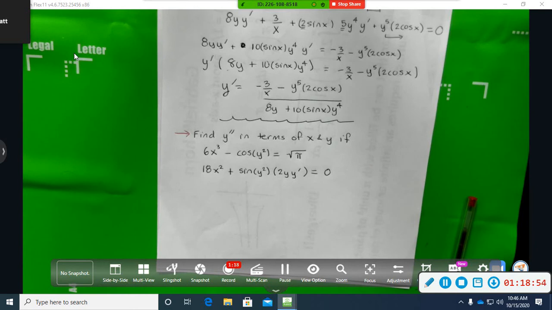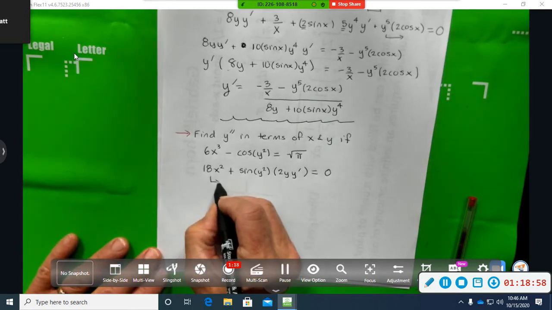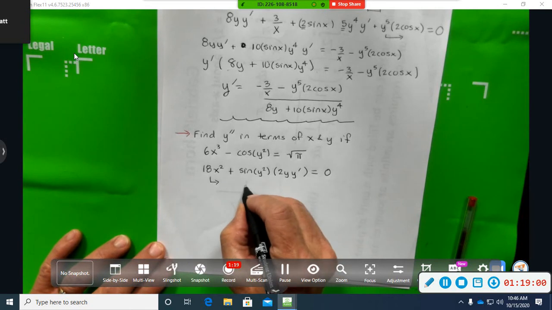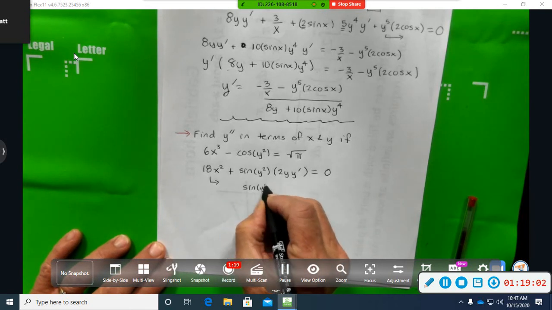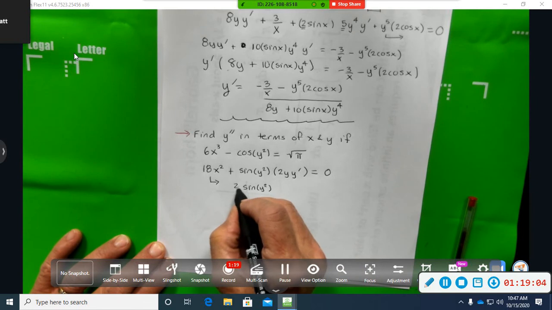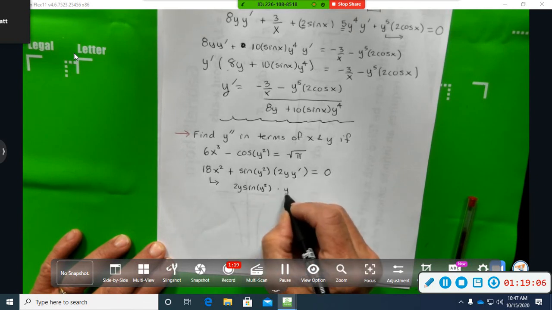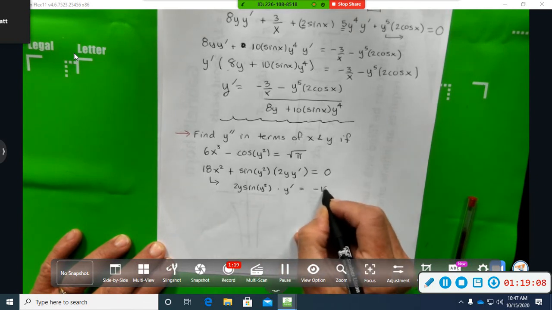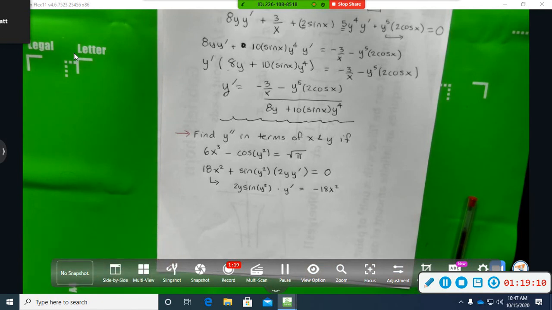Okay, then you're going to solve that for y prime. So you're going to first move this term over, and so you'll have the sine of y squared. I'm going to put the 2y in front, the y prime here, minus 18x squared moved over.